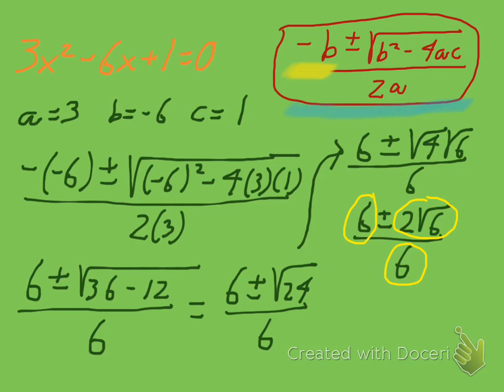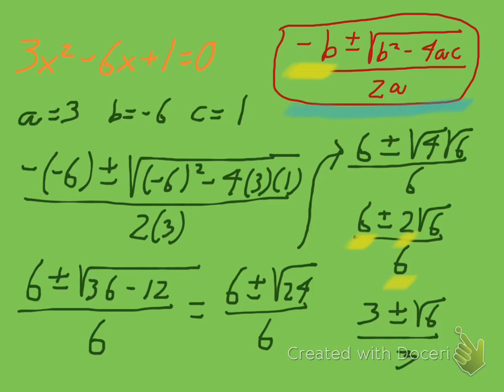Now, I can't take anything out of the radical, but I can look at the front, put my 6 back, and think, okay, what goes into the 6, the 2, and the 6? So I can take a 2 out of each. That leaves me with 3 plus or minus the square root of 6 all over 3. And that's what x happens to be equal to. And that is how we work with the quadratic.